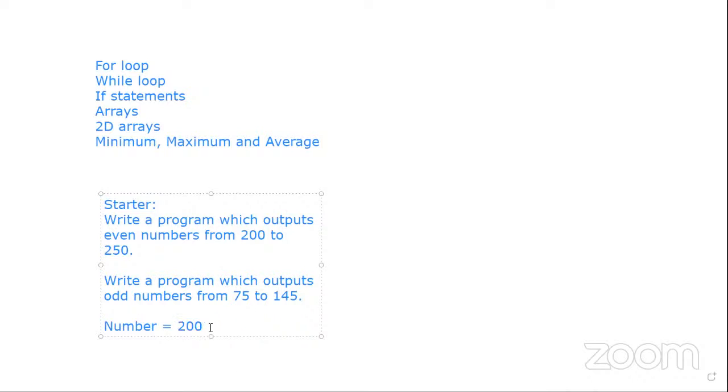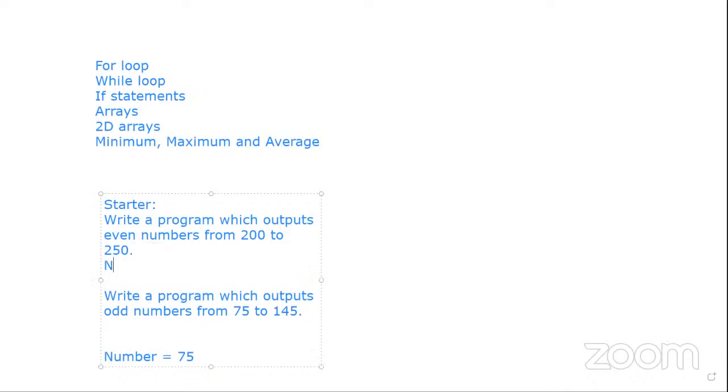Okay, you gotta put number equals 200 at the start for the first one, and then for the second one, since it starts counting from 75, you gotta put number equals 75. So number equals 75 is for the second bit, and number equals 200 is for the first bit. So that's just a hint. This is how you should start your program.